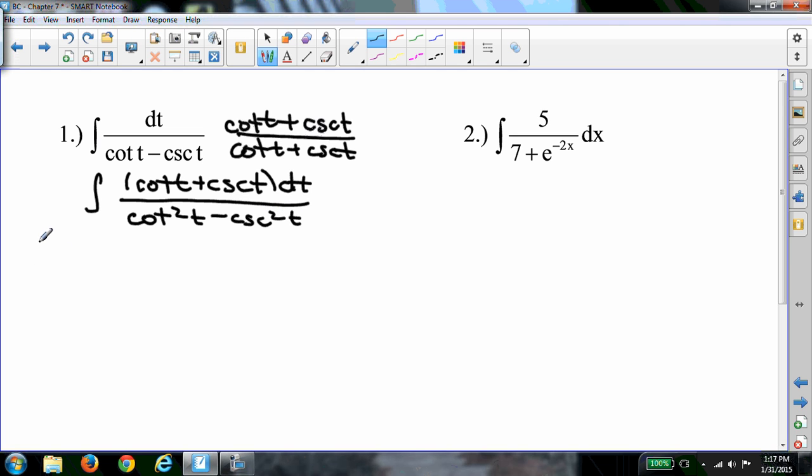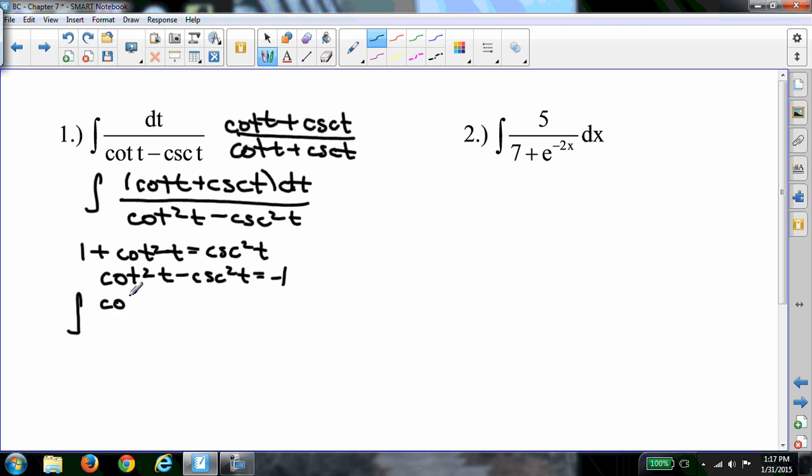Then what you want to try to do is apply one of the Pythagorean trig identities. We know that 1 plus cotangent square t equals cosecant square t. So rewriting this means that cotangent square t minus cosecant square t would equal negative 1. So I can rewrite this integral as cotangent t plus cosecant t all over negative 1 dt, which means basically all I'm integrating is negative cotangent t minus cosecant t dt.